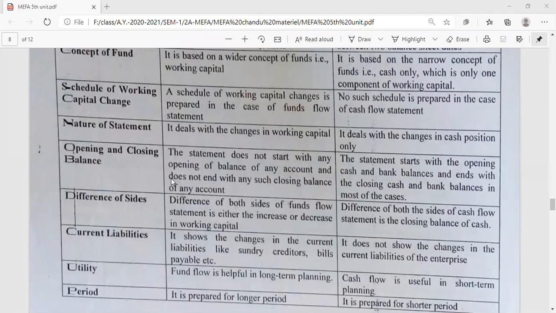But in the cash flow, the statement starts with opening cash and bank balances and ends with the closing cash balance in most cases. So in the fund flow, we don't have the concept of opening and closing balances, but in the cash flow, we do.